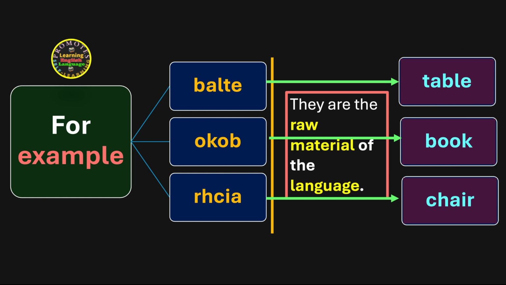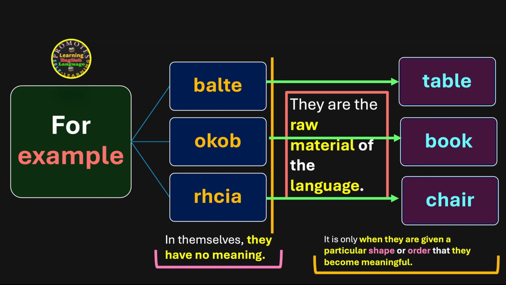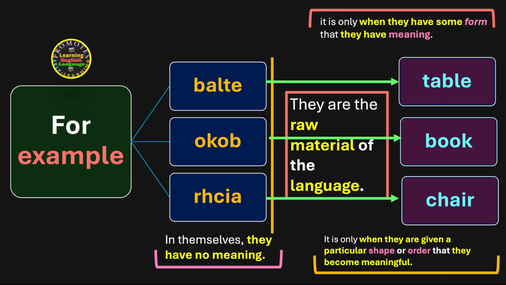So in themselves, they have no meaning. They are just individual characters of the English language. It is only when they are given a particular shape or order that they become meaningful. Further, it is only when they have some form that they have meaning, that they have an idea, that they convey something to us.